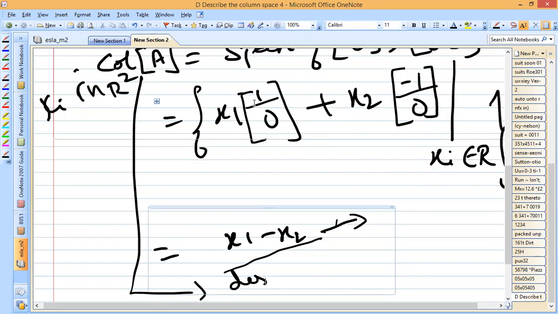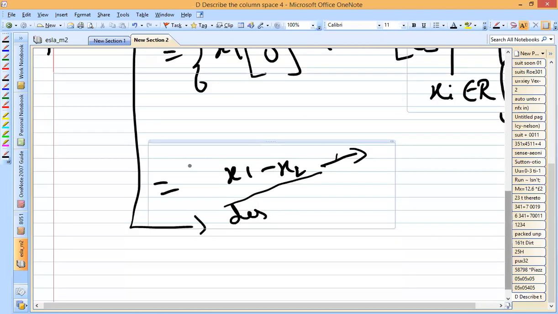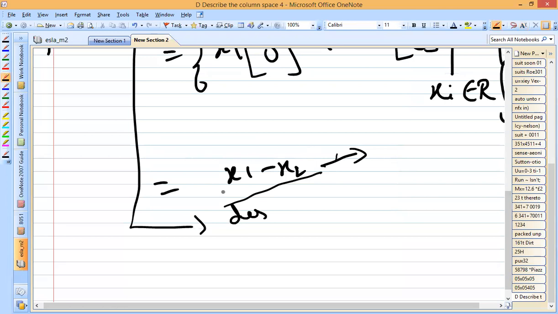And as I told, you see only the first row elements, right? Only in the first row we have the elements. So whatever expression we have obtained, this x1 minus x2, defines the element x. So you can say that the column space of the matrix A describes the x-axis.